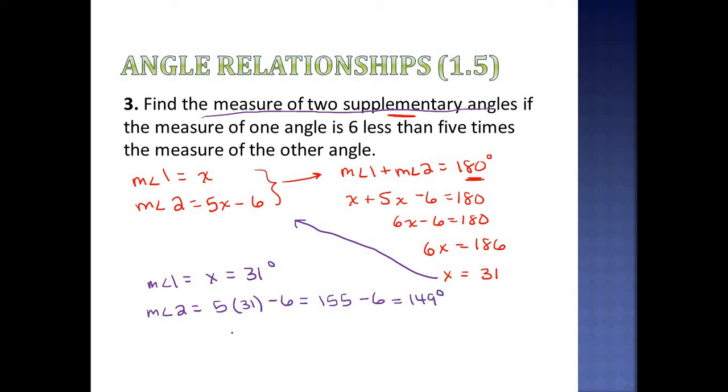Once you get the measure of any one of these angles, since we know the measure of angle 1 is 31 degrees, we could use that to find the measure of angle 2, and because they're supplementary, we subtract 31 from 180 degrees, and we would get 149 degrees.